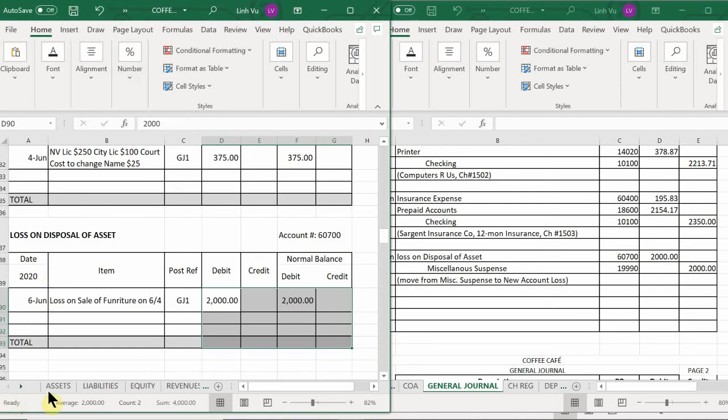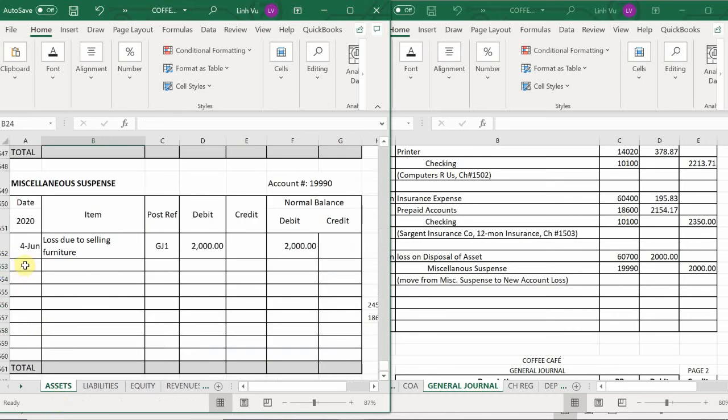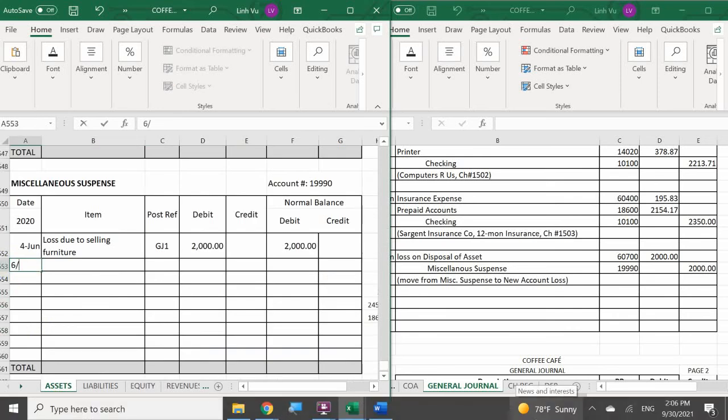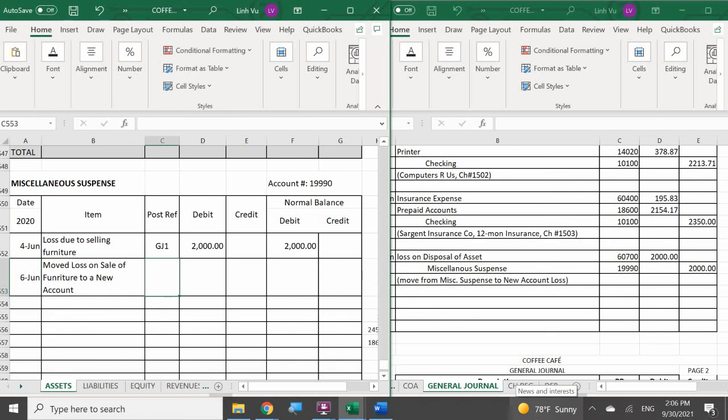So I had to go to my assets, right? Here, I can say that on the 6th of June, we moved loss on sale of furniture to a new account. All right, General Journal number 1.